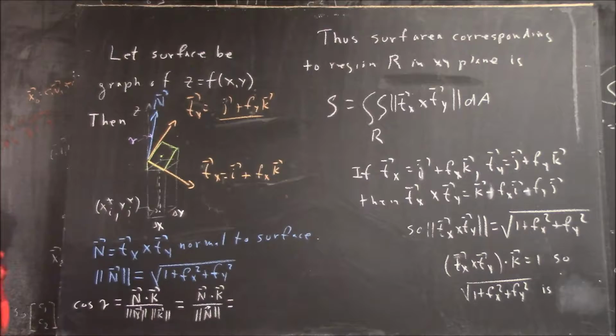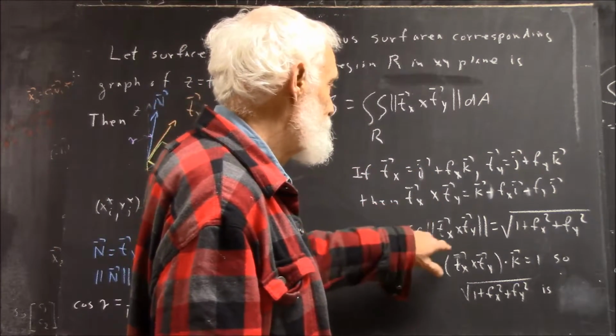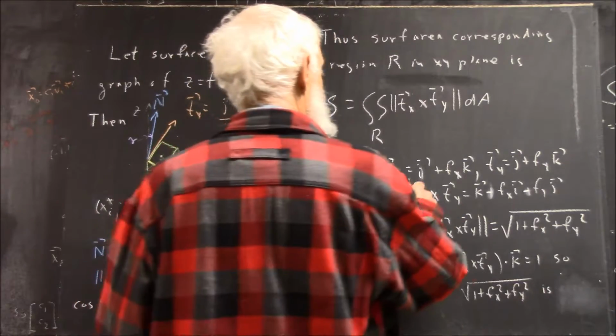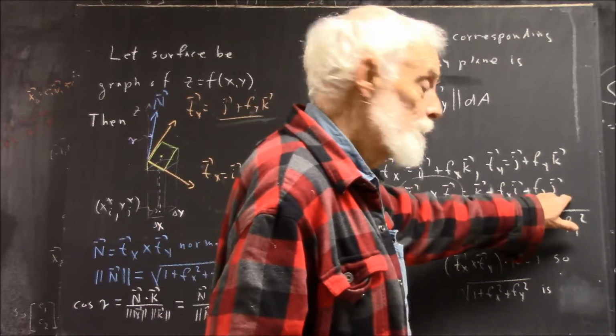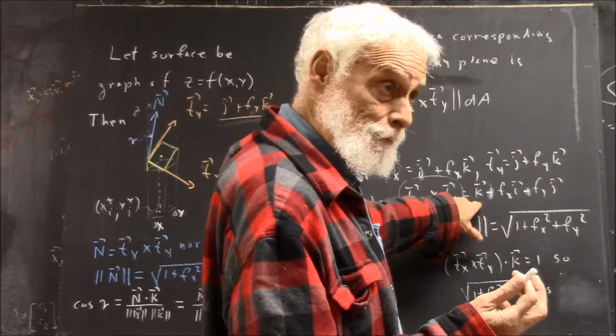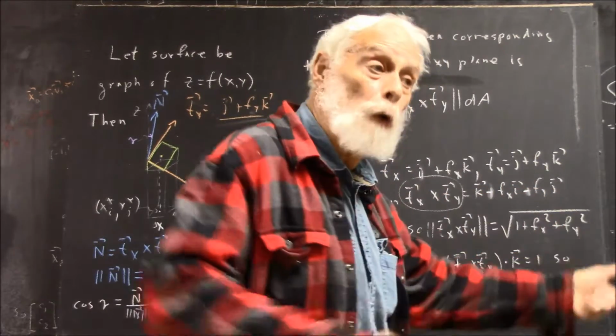And what's n dot k? Well, n would be the cross product, that's this vector, tx cross ty. Here it is. What's its dot product with k? Well, it's just 1. k dot k is 1, k dot i and k dot j are both 0.